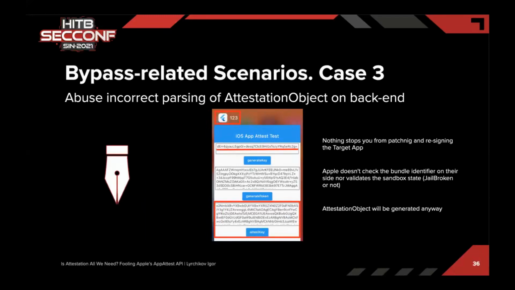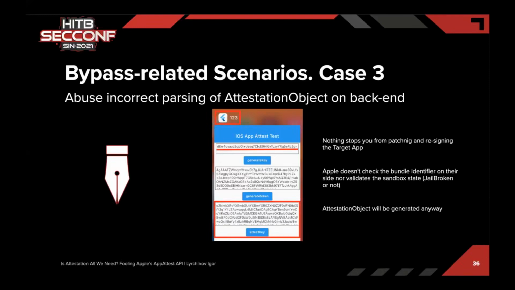So in simple words, his assumption was that Apple can see that I resigned the app with my own certificate instead of the developer's provisioning certificate, and Apple could detect it somehow and just not allow me to start this key generation process.